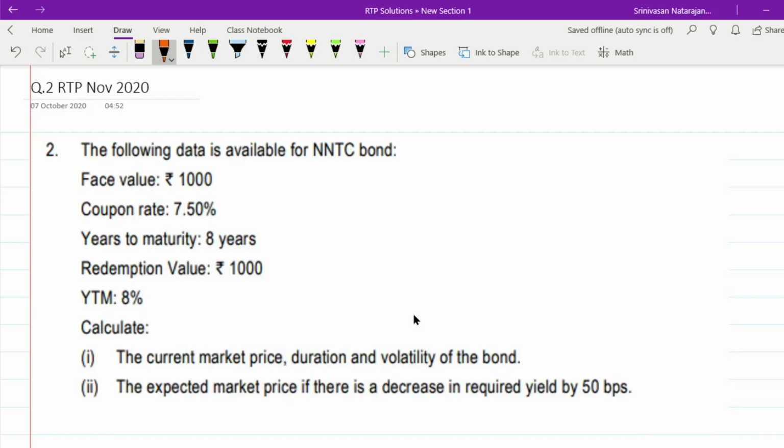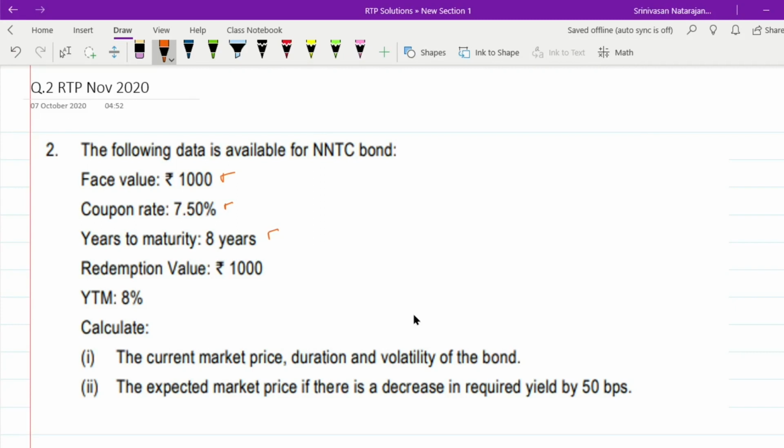Okay, let's first go through question number 2. The following data is available for NNTC bond. Face value rupees 1000, coupon rate 7.5%, years to maturity 8 years.